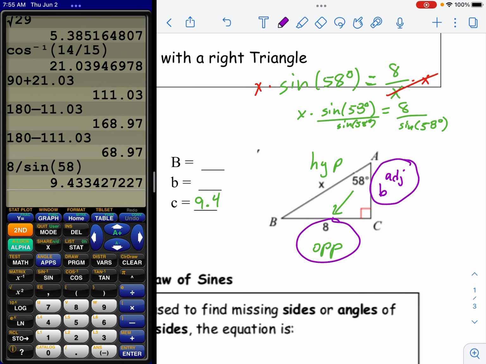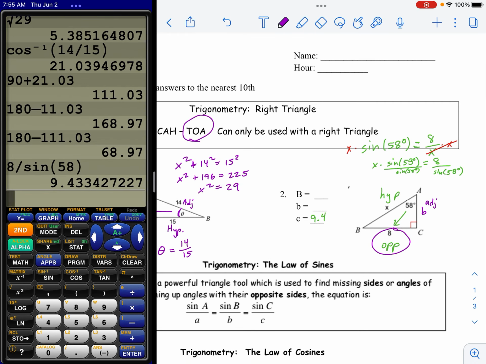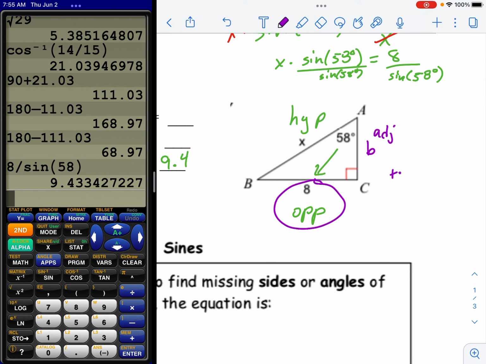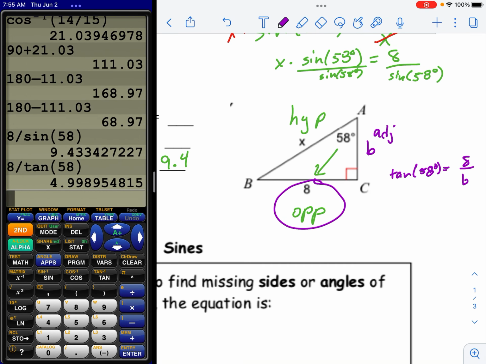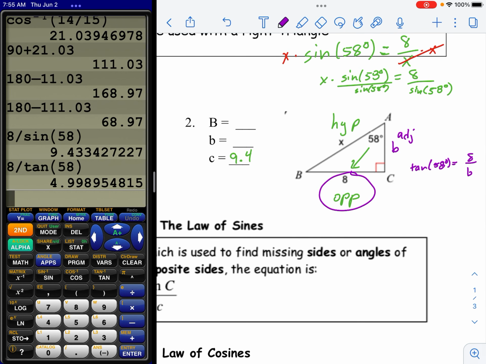So that would be opposite and adjacent, which is tangent, remember? Essentially repeat what I just did, but with tangent. So tangent of 58 equals 8 over side B. And again, when it's like this, you end up dividing. 8 divided by tangent of 58. Let's just round that to 5.